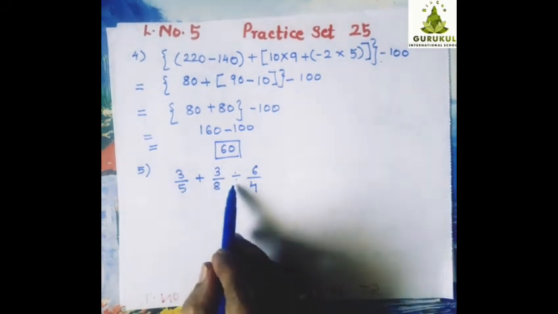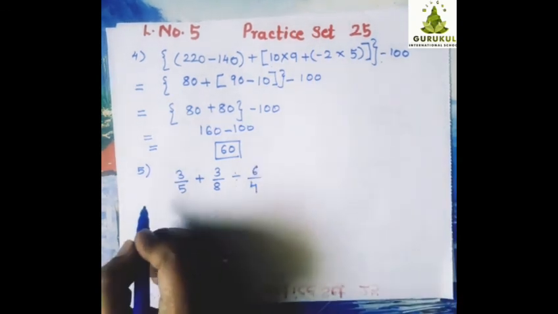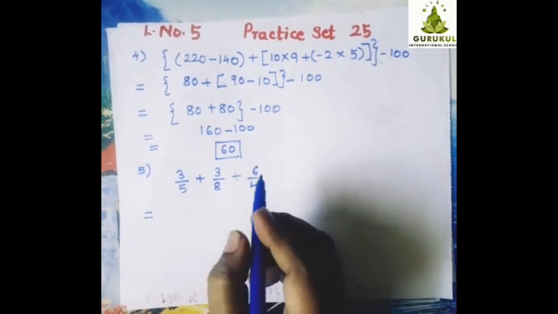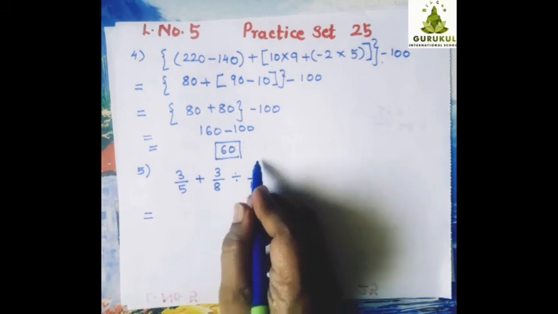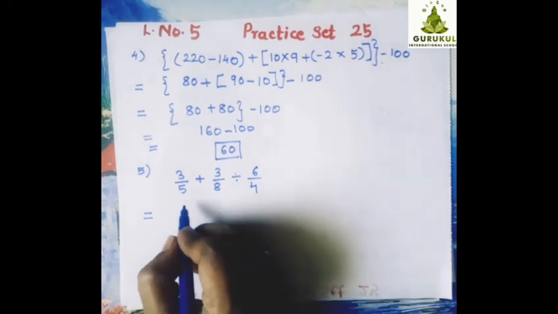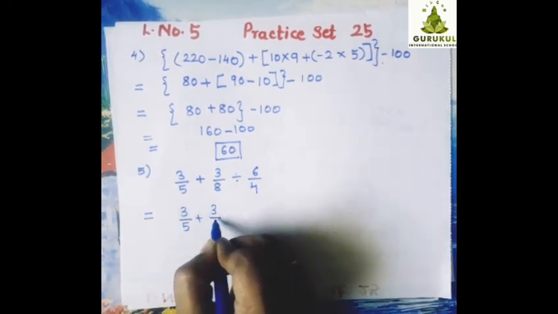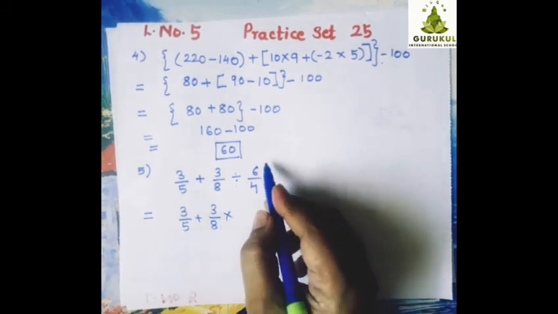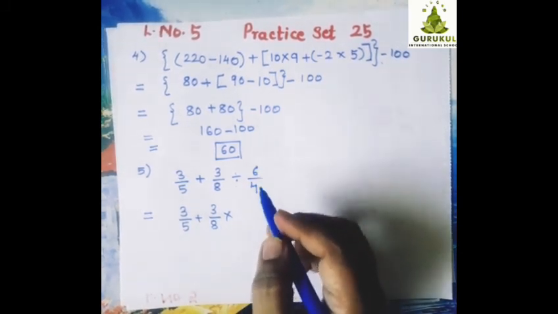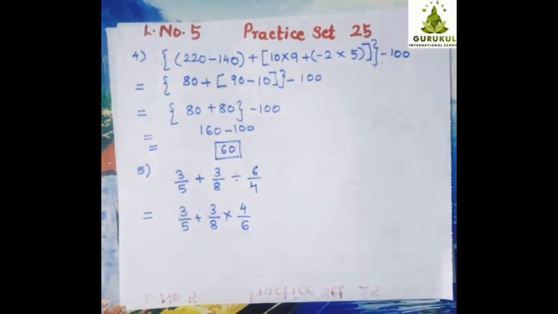Here division is given, so we can carry out the division first. Now we have learnt the multiplicative inverse concept. So if you want to change this division symbol to multiplication, how can we write it? 3 upon 8 into the inverse of this one, so the inverse will be 4 upon 6, correct.